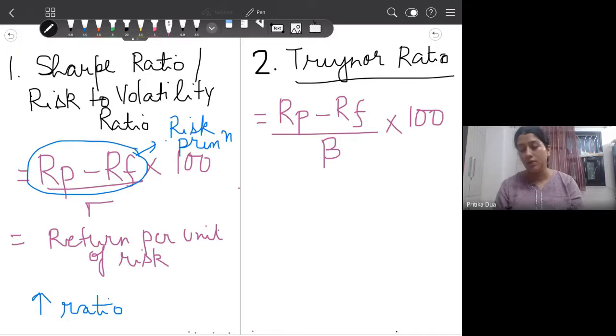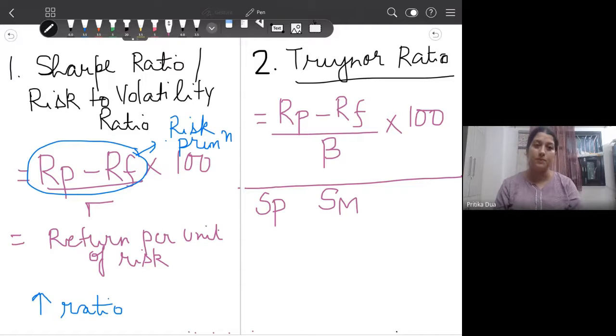So what you do is, you first calculate the Sharpe ratio of your portfolio, which will be SP, Sharpe ratio of the portfolio, and then you also calculate the Sharpe ratio of the market. If the Sharpe ratio of your portfolio is greater than the Sharpe ratio of the market, so going per the rule that higher the ratio, better it is, we say that our portfolio, our mutual fund has outperformed the market.